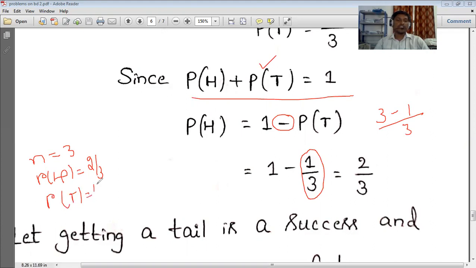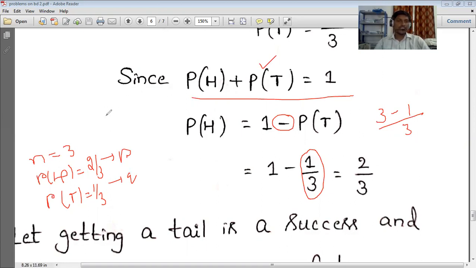So what do we require for applying the binomial distribution? n, p, q. Here you can choose either this one as p and this as q, or the other way around. Now what are we going to choose?